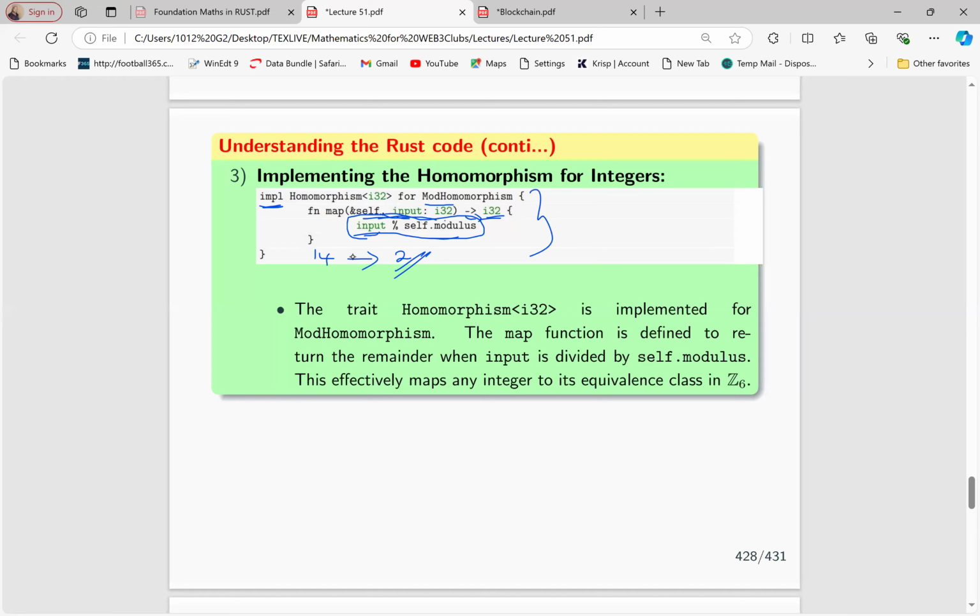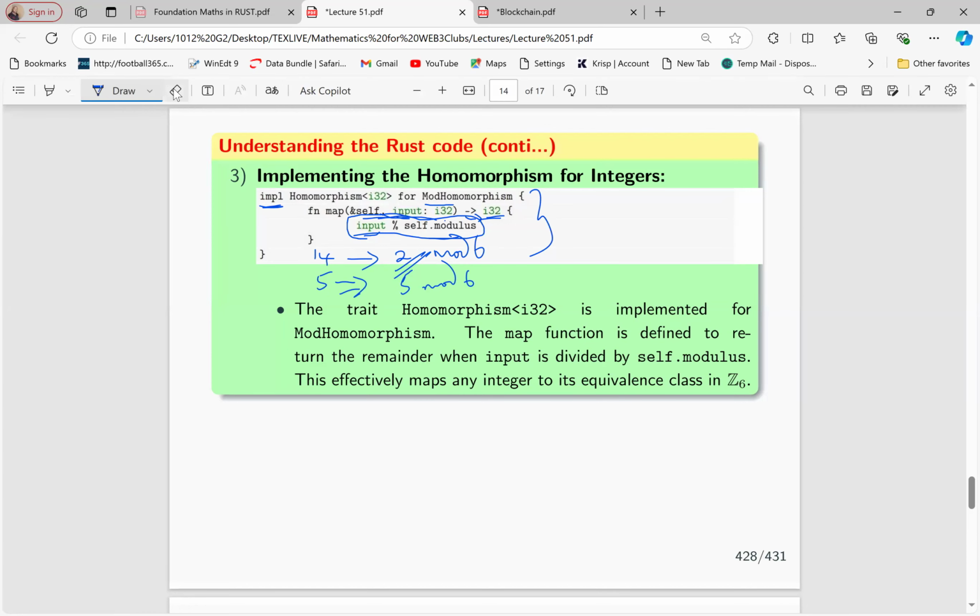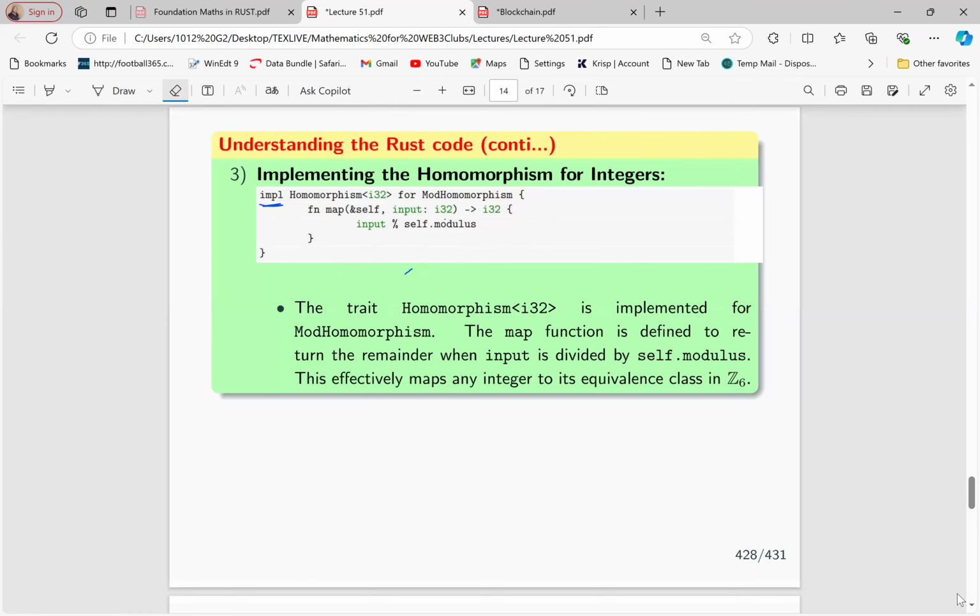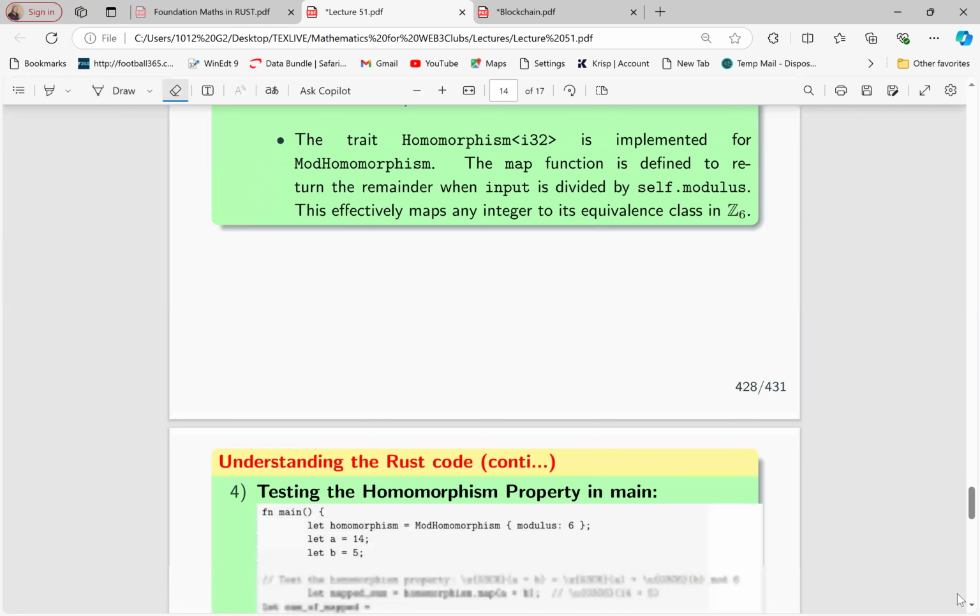If the input is 5 mod 6, you divide that 5 by 6, and the output will be the remainder. So that's what this part means. Okay, so you'll go through the other parts again. I think this is the only part that requires explanation. The others, you can understand easily.